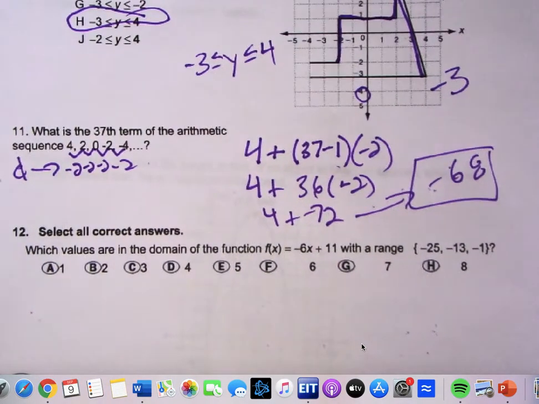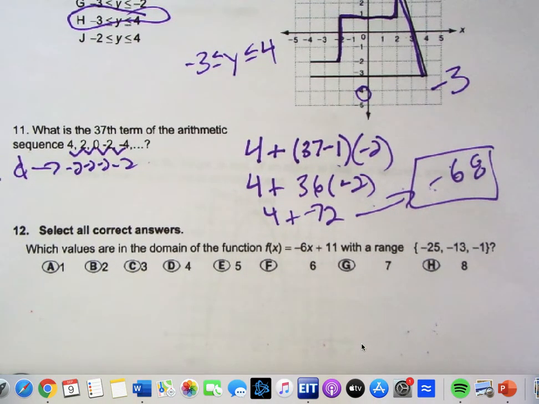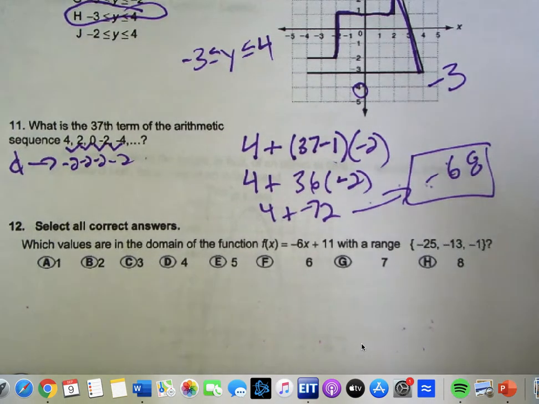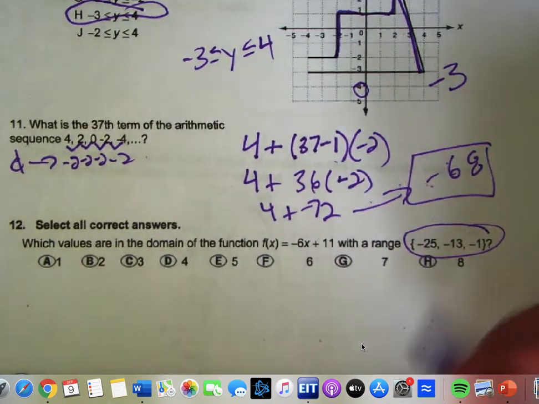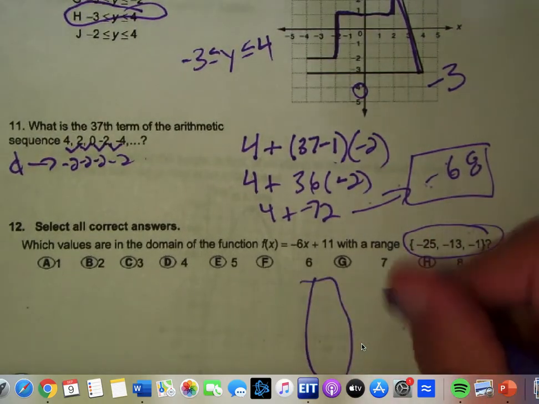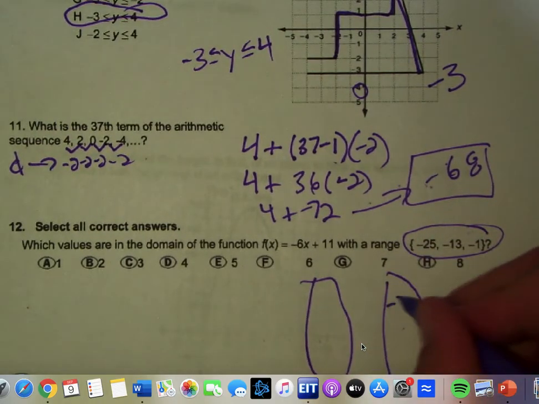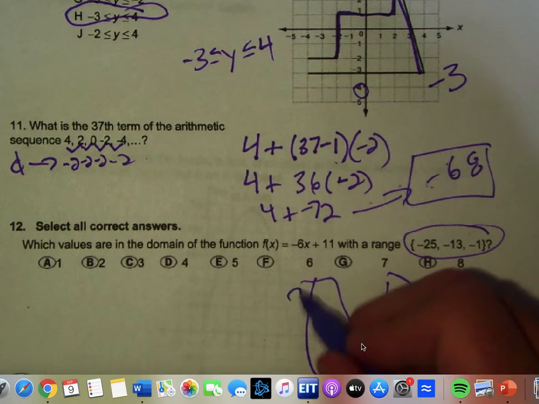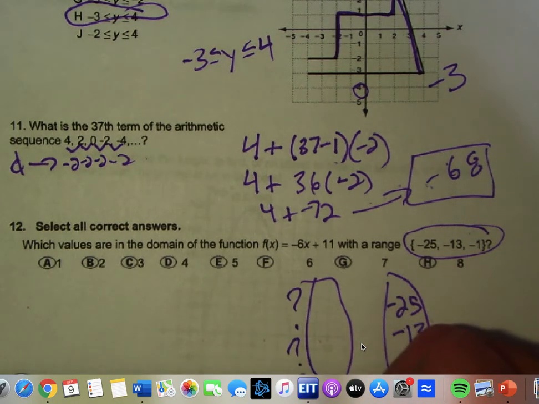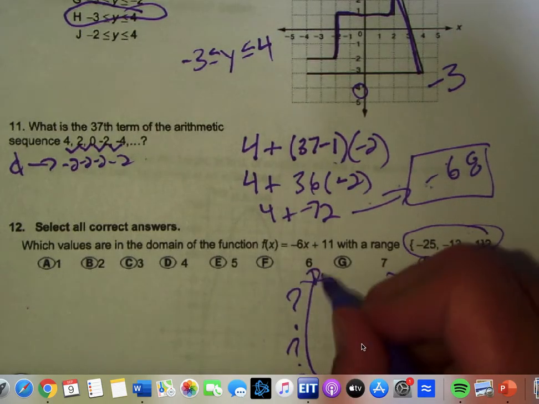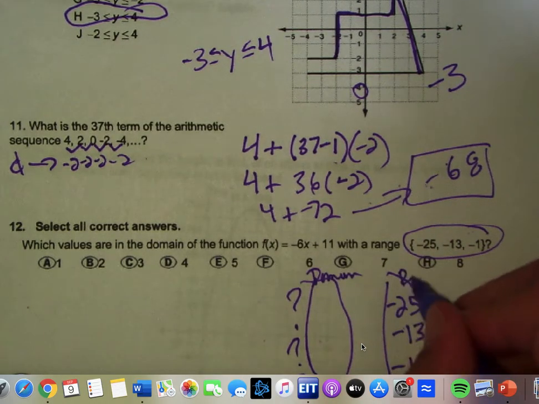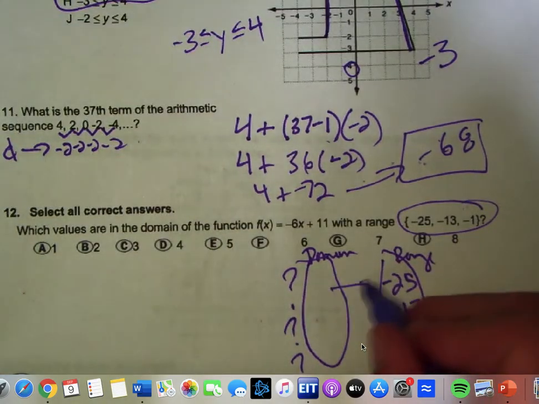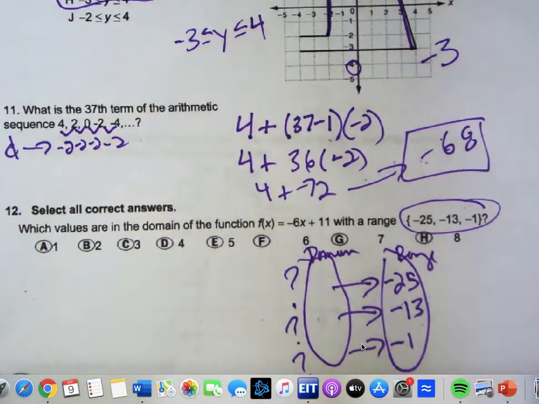Okay, which values are in the domain of this function? All right, with a range of this, we want to know what in the domain goes in the range, right? So what do these connect to?